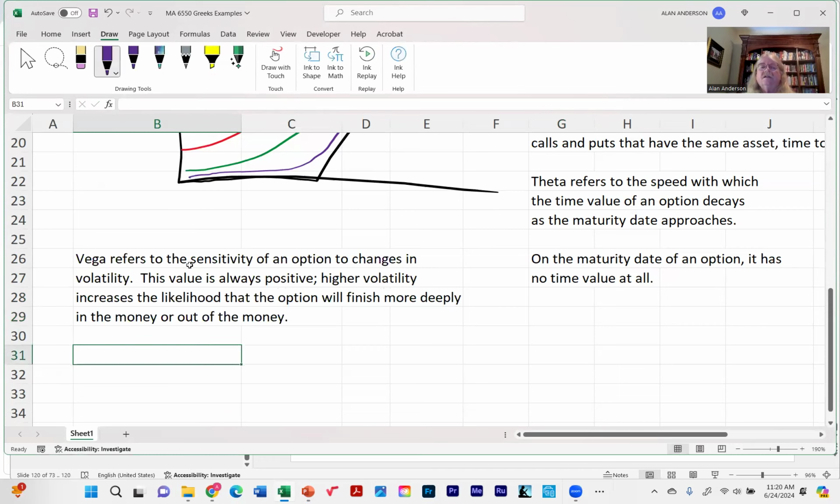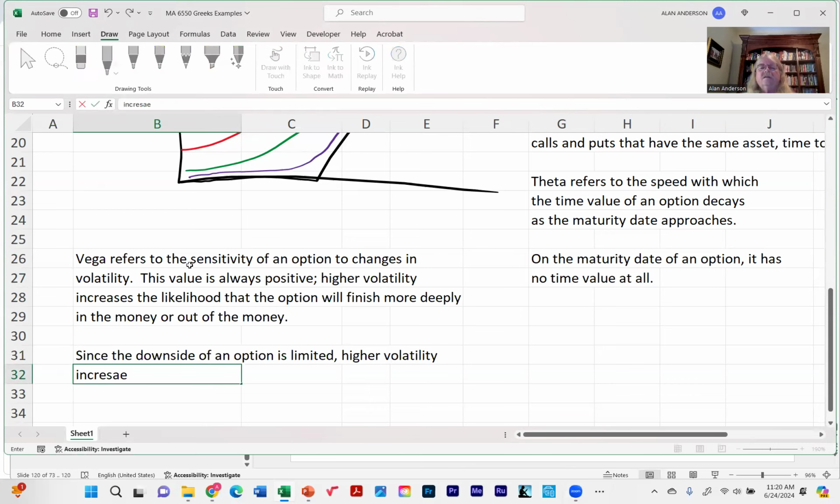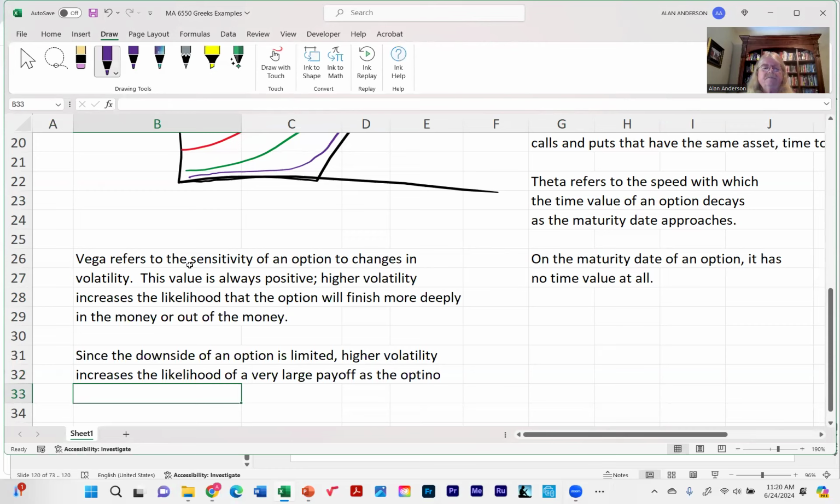No, because since the downside of an option is limited, higher volatility increases the likelihood of a very large payoff as the option moves more deeply into the money.